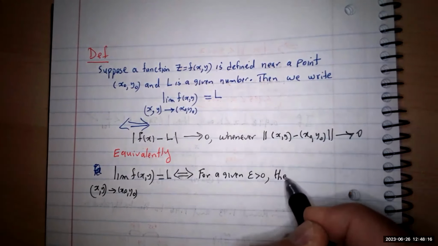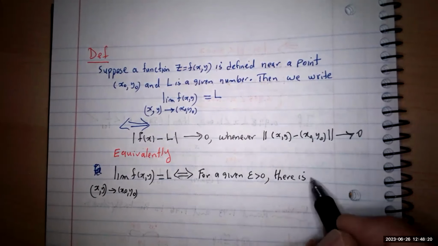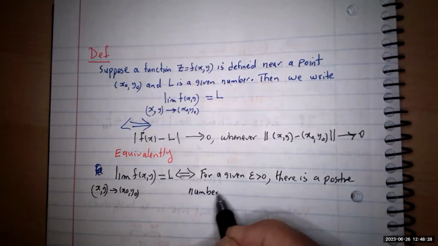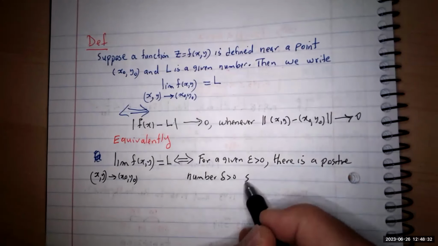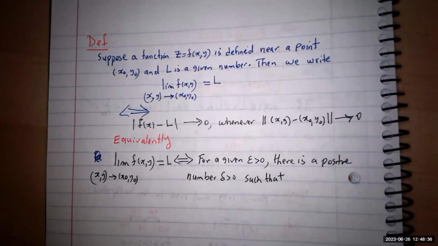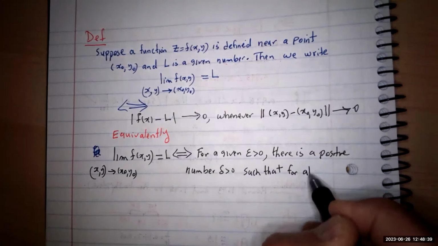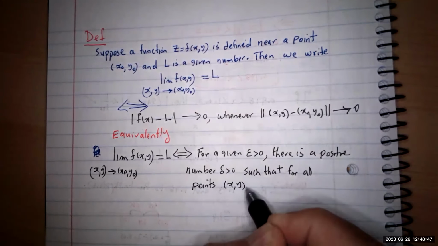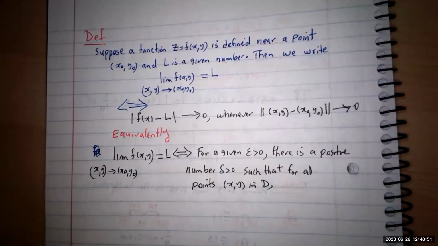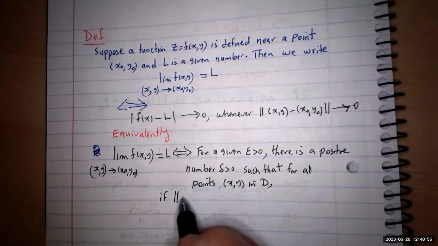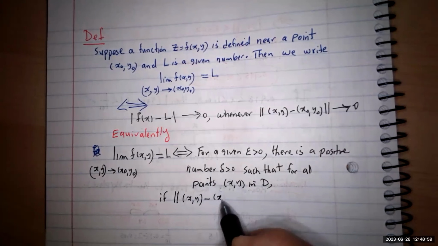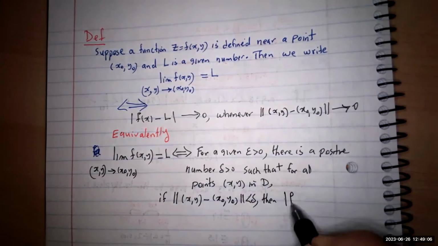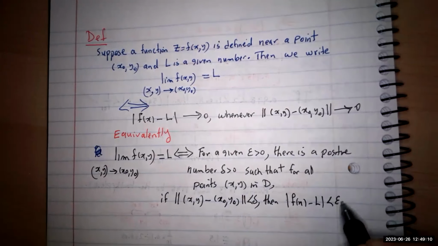Yes, there exists a positive number delta such that for all points (x, y) in the domain D, whenever the norm of (x, y) minus (x0, y0) is less than delta, then the difference of f of x, y minus L is less than epsilon.